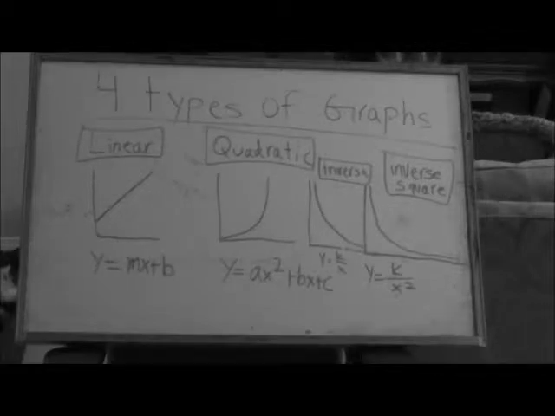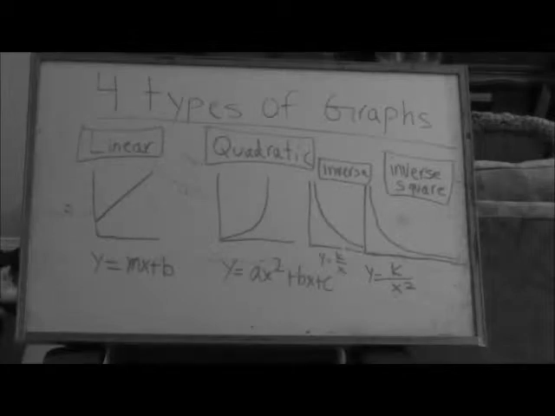The equation for linear is y is equal to mx plus b. Quadratic's equation is y is equal to ax squared plus bx plus c. The inverse is y is equal to k over x, and inverse square is y is equal to k over x squared.